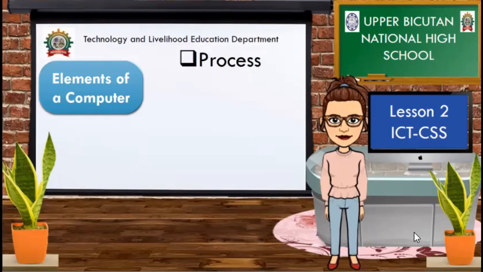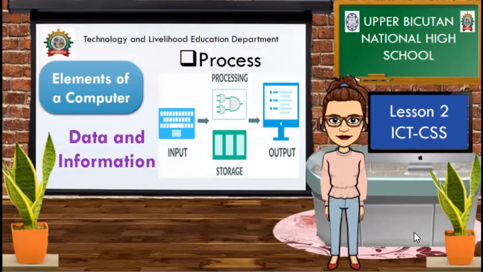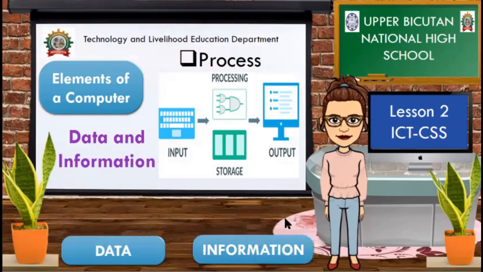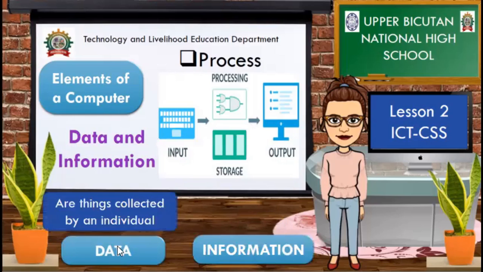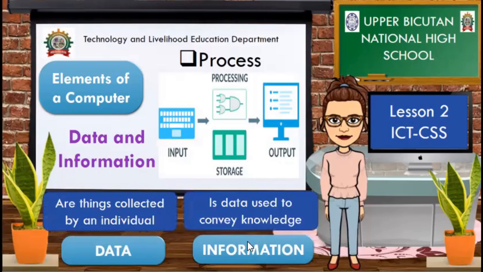Next element, we have process. A computer manipulates data, which is the input, into output, which is the information. So what is the difference between data and information? Data are things collected by an individual, while on the other hand, information is data used to convey knowledge.